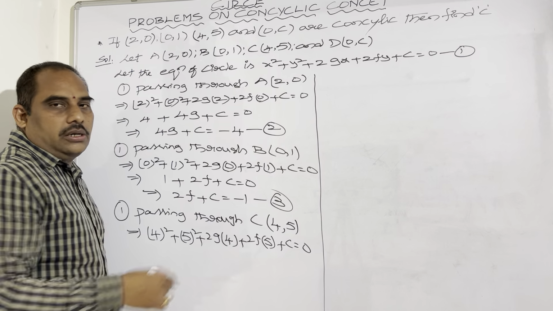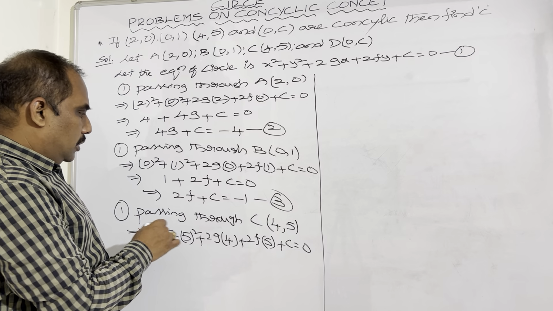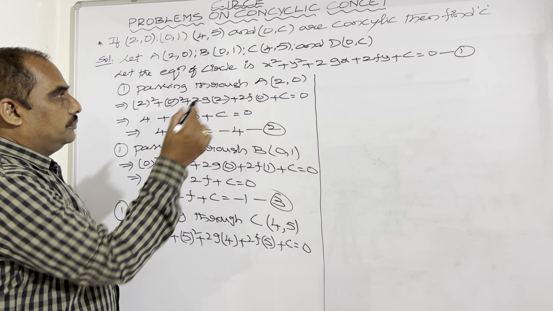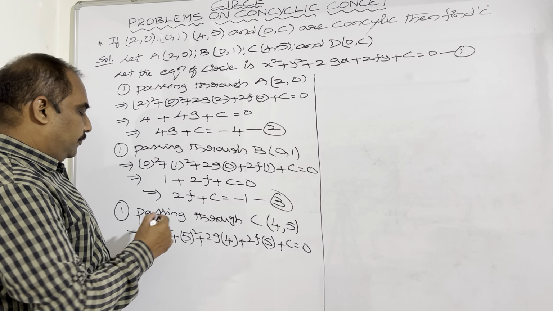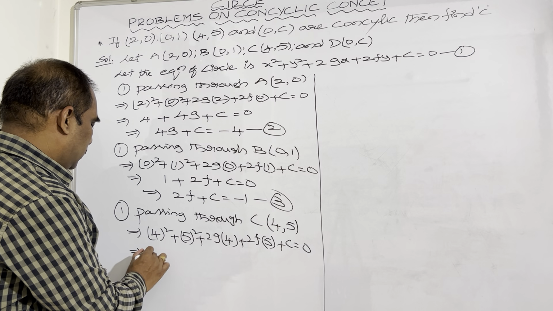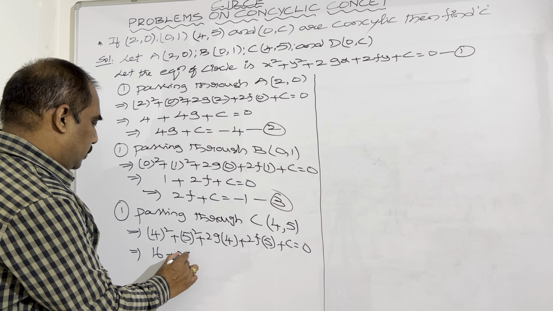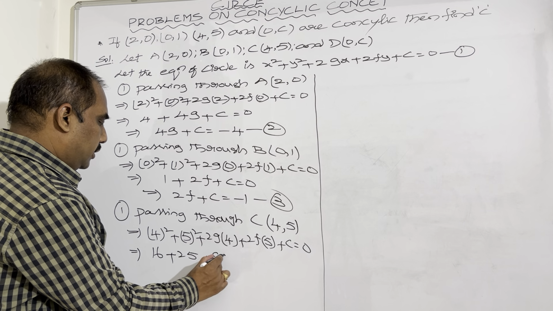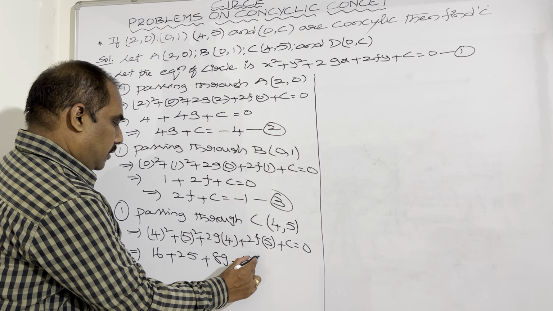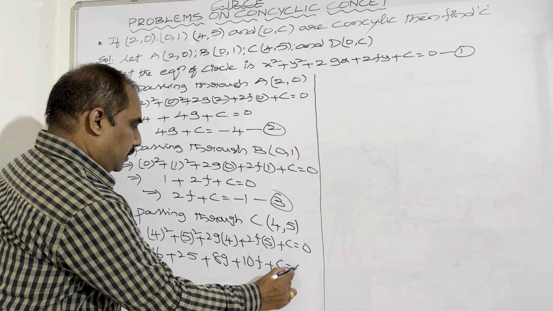In the same equation, replacing x by 4, y by 5, we get 16 plus 25 plus 8g plus 10f plus c is equal to 0.